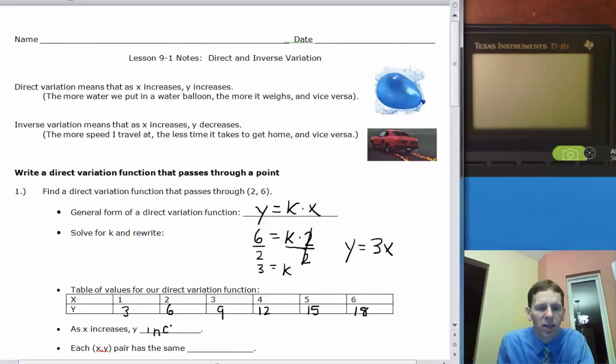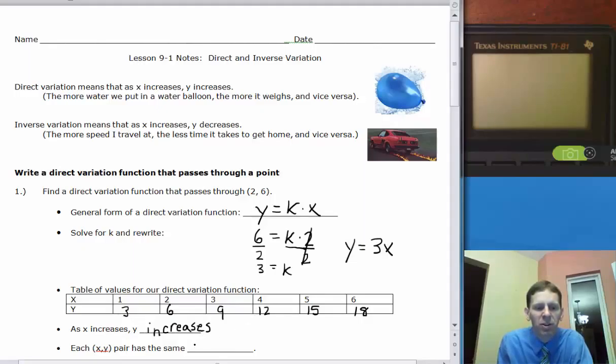Now something else that's interesting about the relationship between these values is that each of these xy pairs, 1, 3, 2, 6, 3, 9, 4, 12, 5, 15, 6, 18, has the same, well, if you think of these as fractions, 1/3 is the same as 2/6, which is the same as 3 over 9 or 4 over 12.